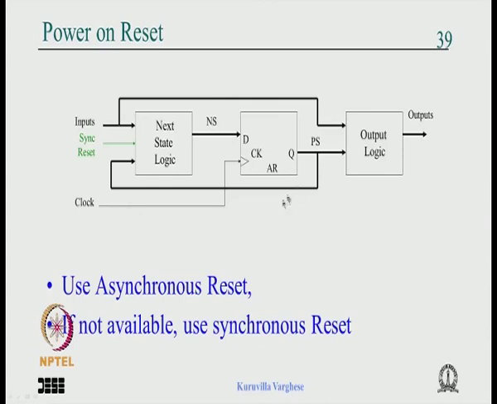Maybe the data path which is controlled by the state machine is working at say 100 megahertz. What is the point? That is dissipating so little power, but this is furiously clocking at 1 gigahertz, dissipating a lot of power because it is switching. So there is no advantage in working at the maximum frequency.